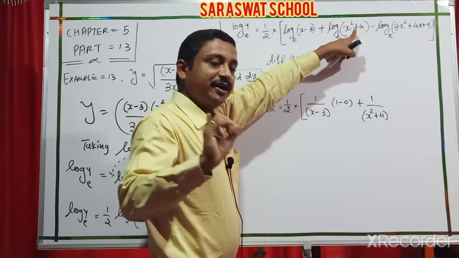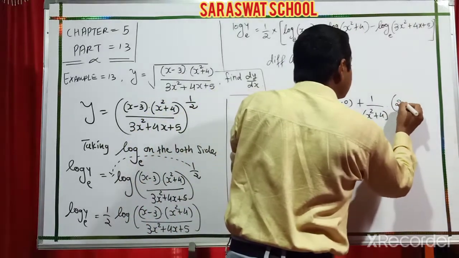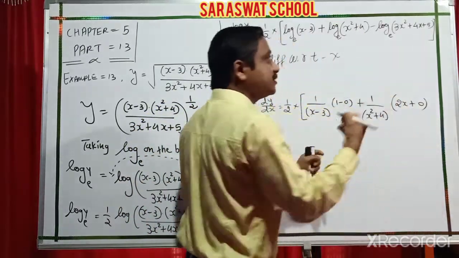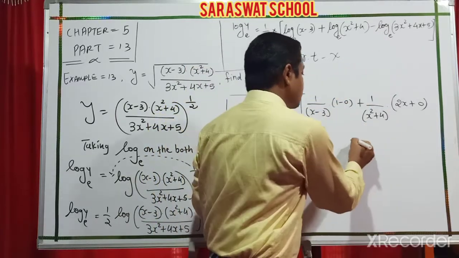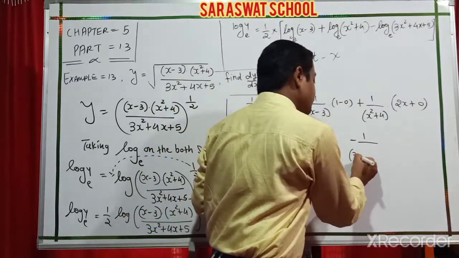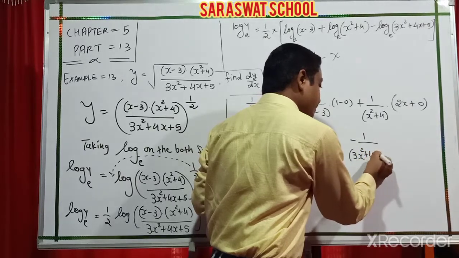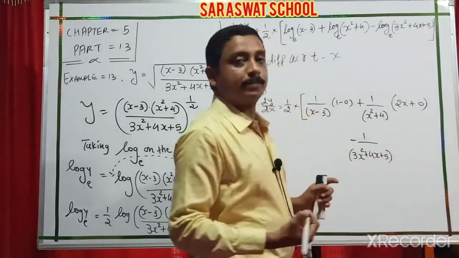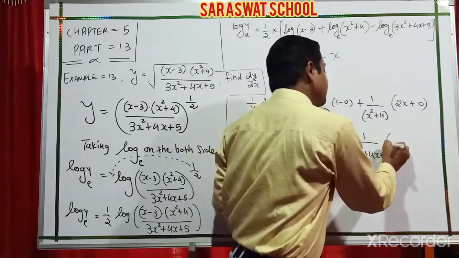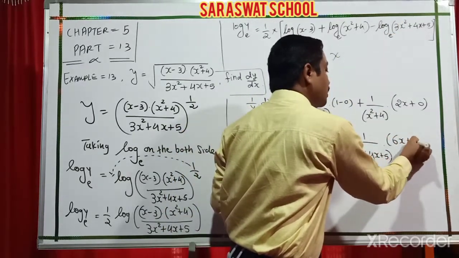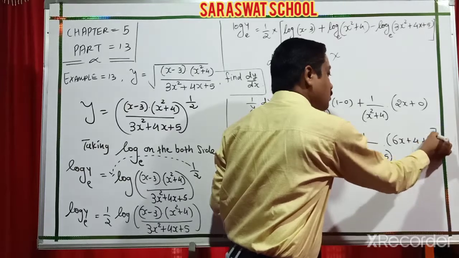What is the x square derivative? 2x, and the derivative of 4 is 0. And the last one: minus 1 by 3x square plus 4x plus 5 into the internal derivative, which is 6x plus 4 plus 0.